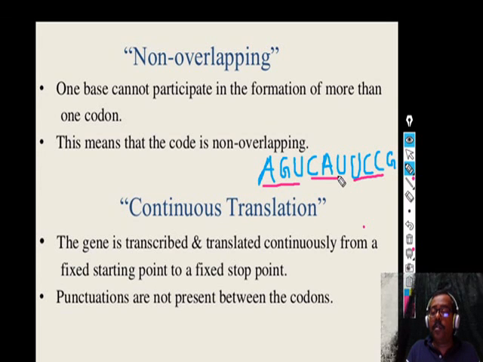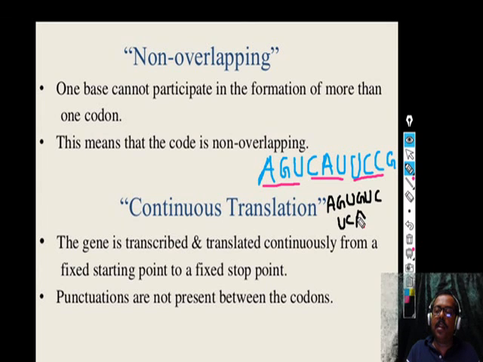If the genetic code were overlapping in nature, the first codon would be A, G, U, then the next codon would be G, U, C, then the next codon would be U, C, A. This never happens. So that's why the genetic code is non-overlapping in nature.